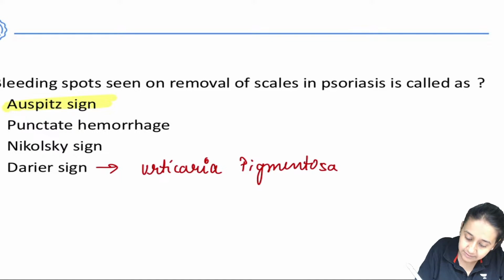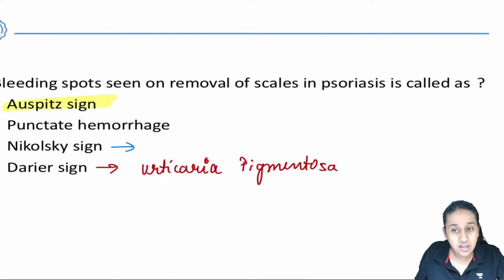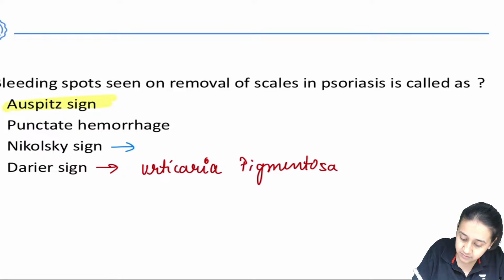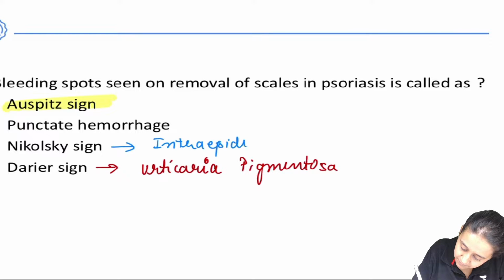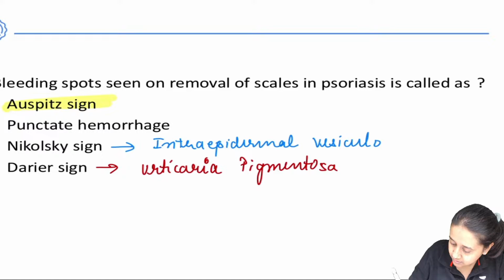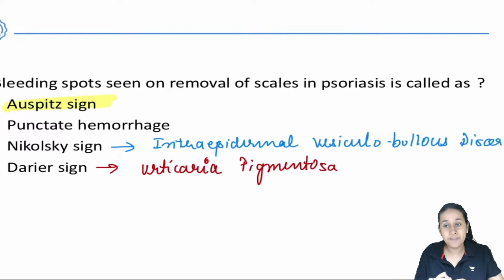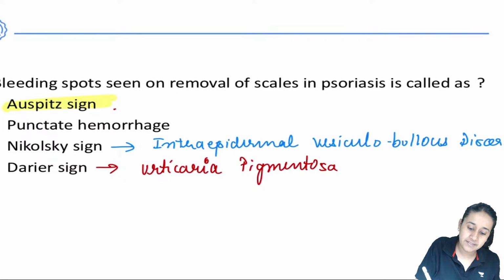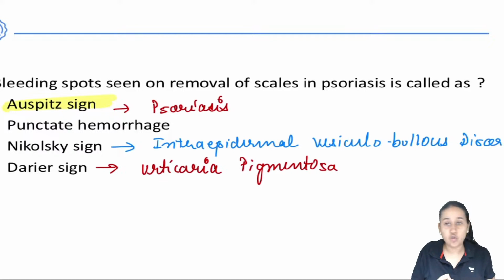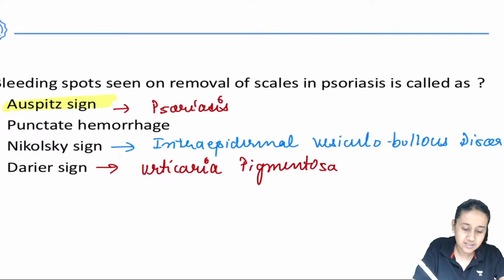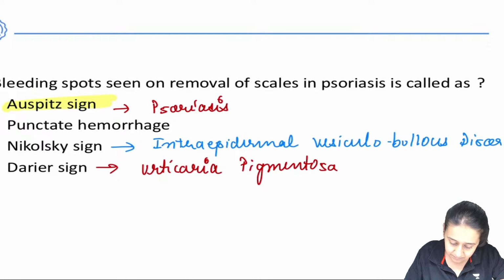What is Nikolsky sign? Nikolsky sign is a feature of intraepidermal vesiculobullous disorders, for example, pemphigus. While Auspitz sign is a feature of psoriasis. Clear?